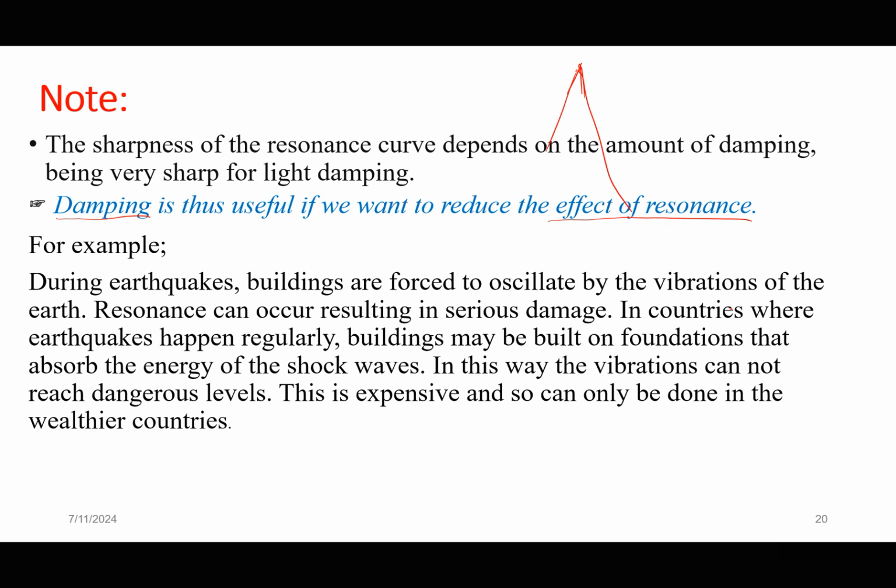In countries where earthquakes happen regularly, buildings may be built on foundations that absorb the energy of the shock waves. These are called damped foundations. In this way, the vibrations cannot reach dangerous levels. Of course, this is very expensive, so it is only common in wealthier countries.